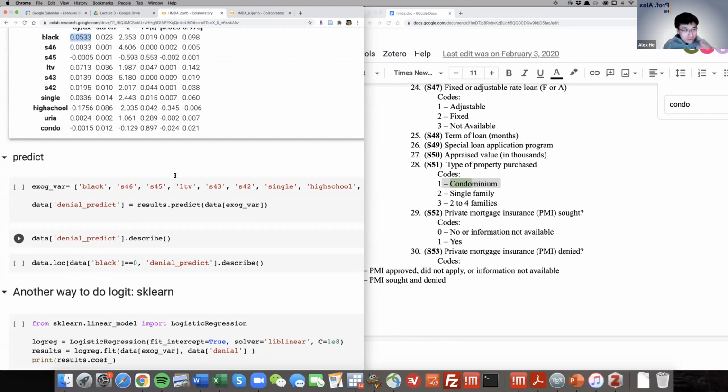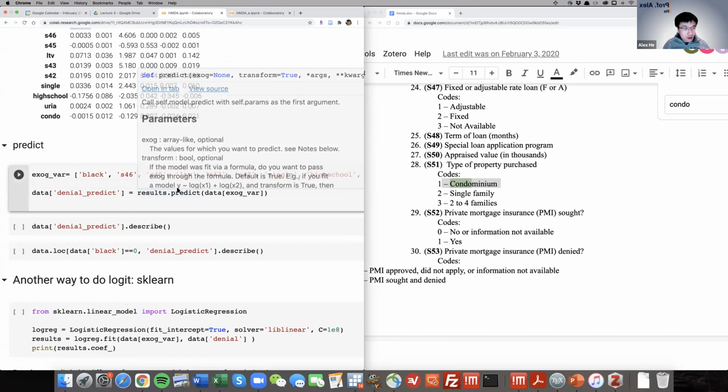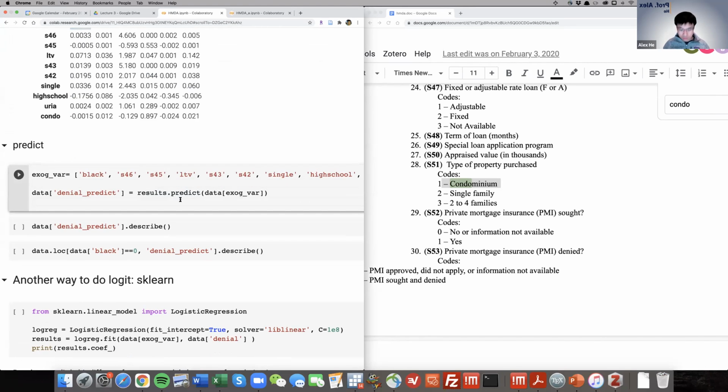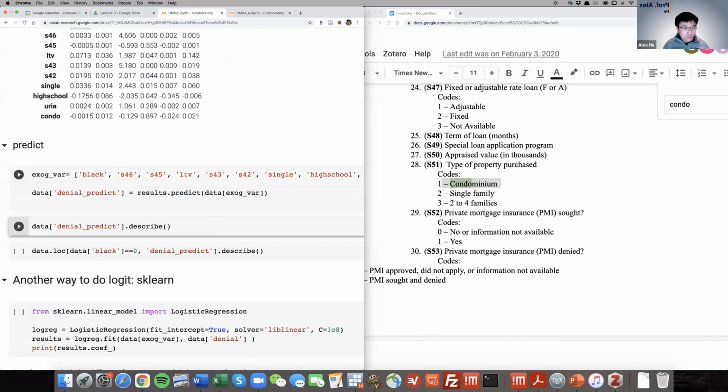And then, of course, usually we do logit because we want to predict the probability. You can also use this predict function to give you the prediction for every observation: given all of their x's, what is the probability of denial?